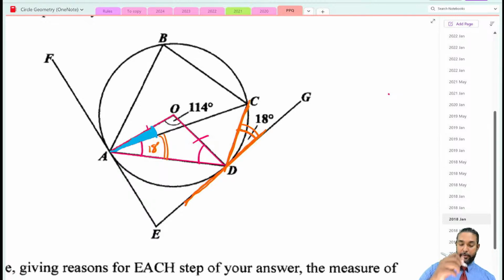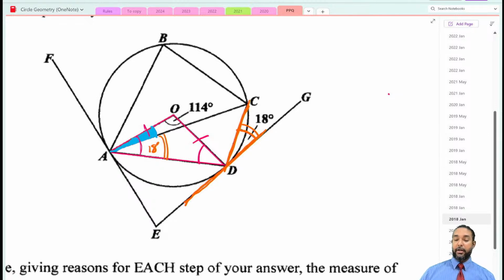And then, like we were saying, we could find the whole angle here. In the OAD triangle, the pink triangle, it's isosceles, because these two sides are radii in the same circle, and in any given circle, all radii are equal in length.